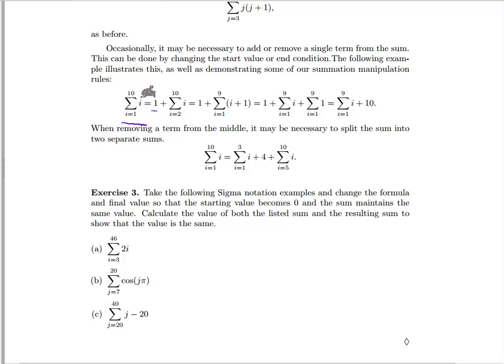That's when i equals 1. The remainder of the indices run from 2 to 10. Now let's have some fun and do some manipulation. Suppose we replace the i minus 1 with i. Now that's the same thing as saying i goes to i plus 1.